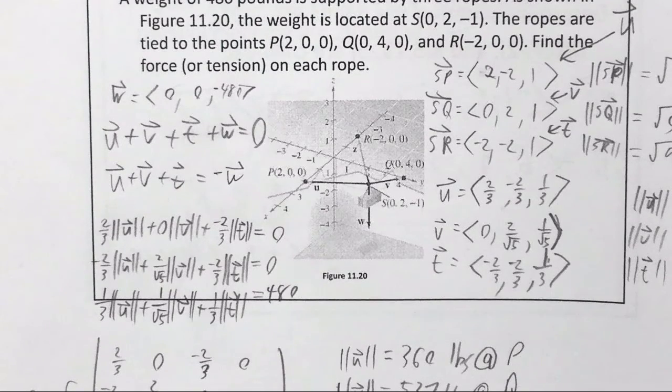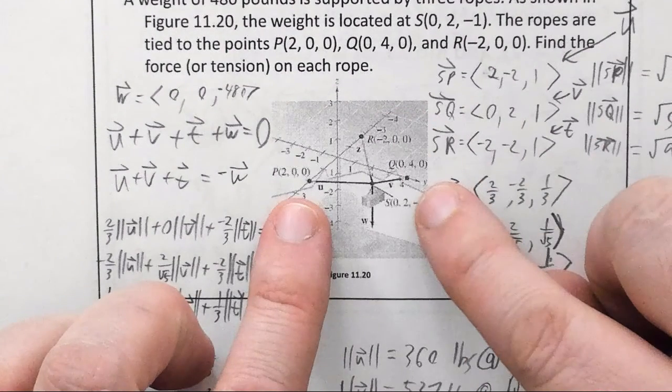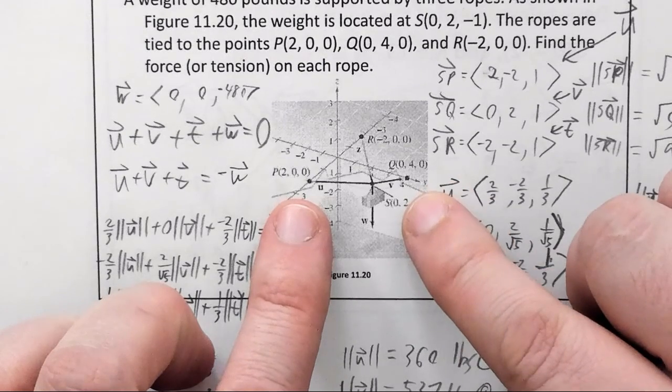Why then is the other one 537 at Q? Why is that number so much bigger? Well, think about it logically. Where's this thing relative to Q? It's closer. It's underneath it. So the idea is this thing's not equally weighted. Like some railing or something they're tying to up here and then another point here.